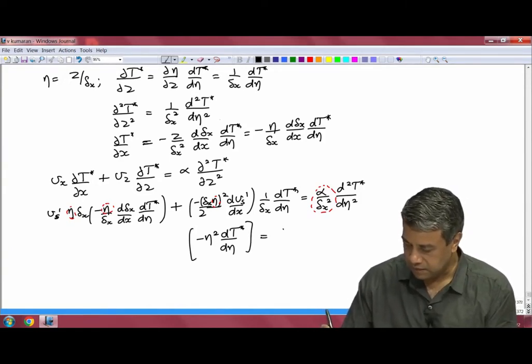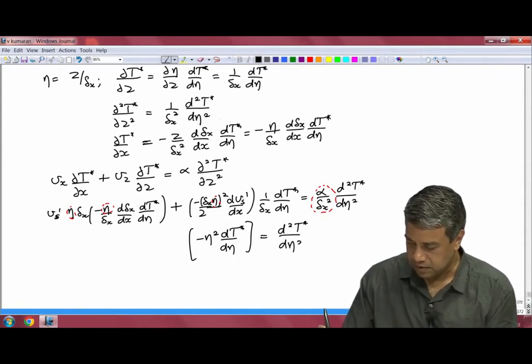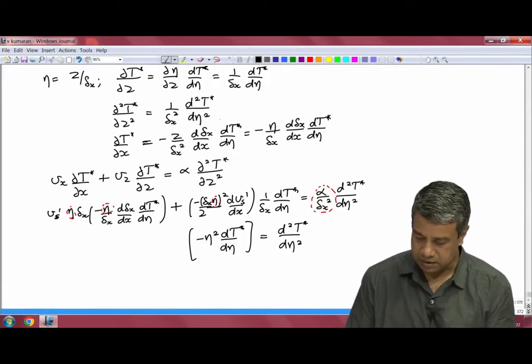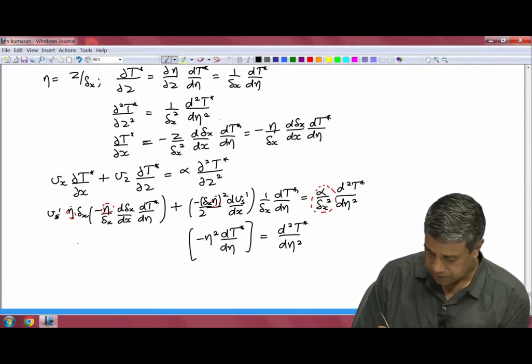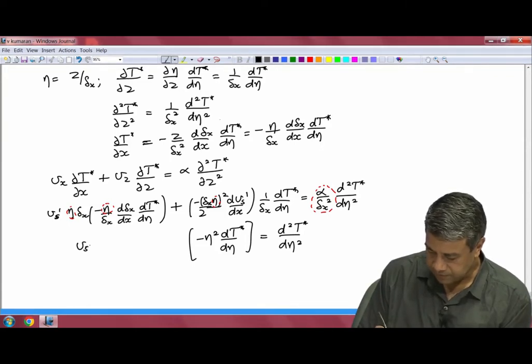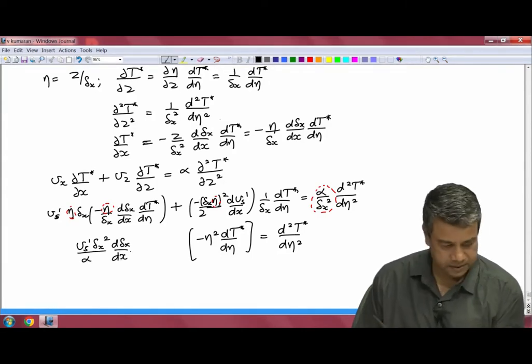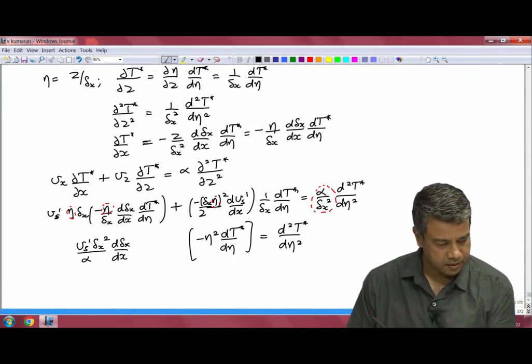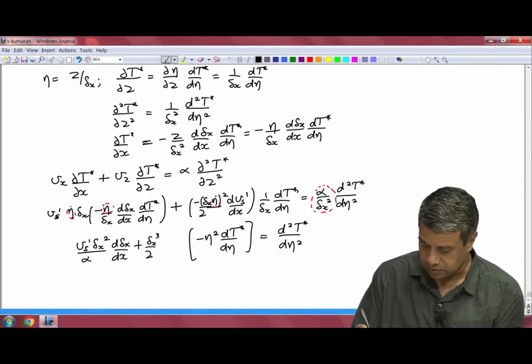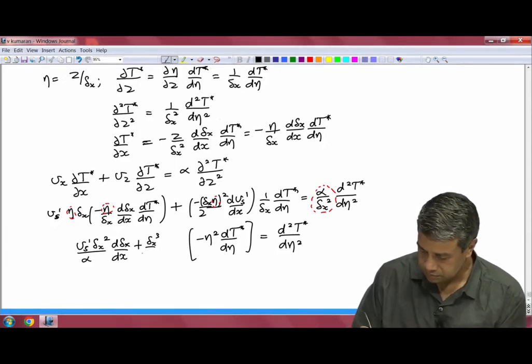On the right I have d square t by d eta square, and on the left I have a prefactor, which I can express as Vs prime delta x square by alpha d delta x by dx, plus delta x cubed by 2 alpha d Vs prime by dx.